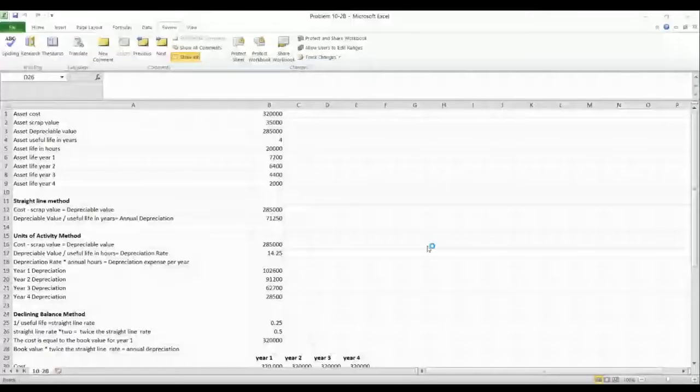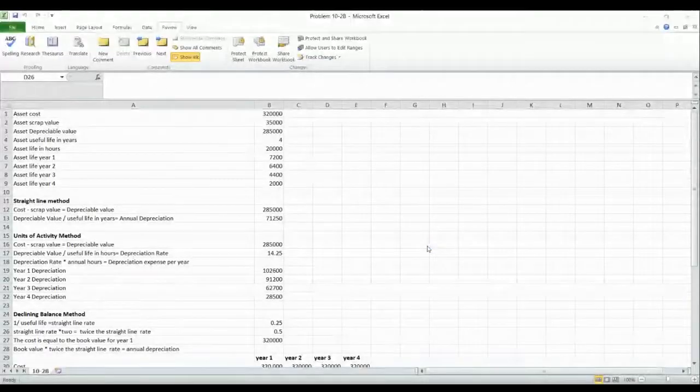So let me see if I can get to that. I don't think you can see that right now, so hang on just a second. Let me try it again. Okay, you should be able to see the spreadsheet that I have created.